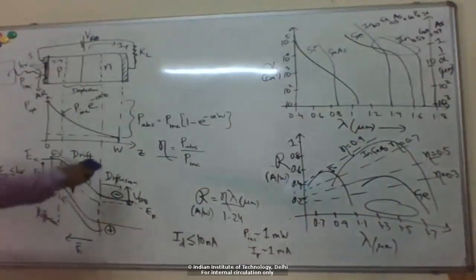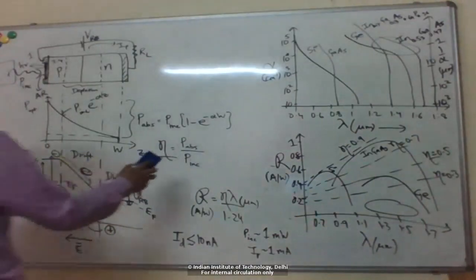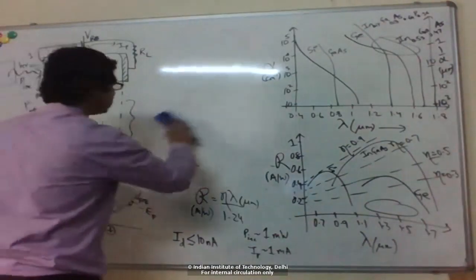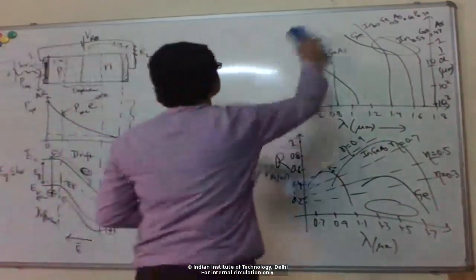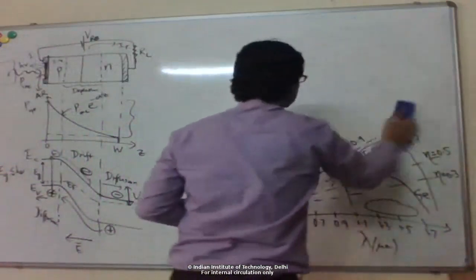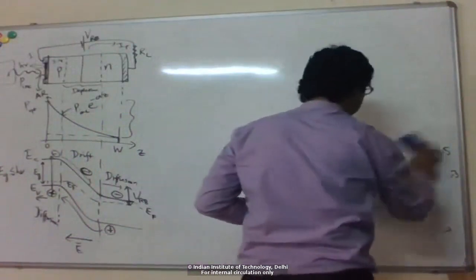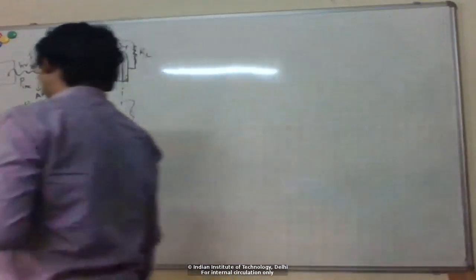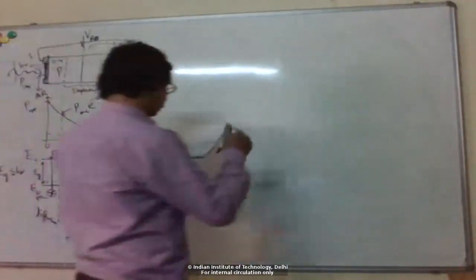So now let's talk about this response time in a more quantitative manner. Right, so imagine now, let's say, I have a bit stream coming in to my photodetector, right?